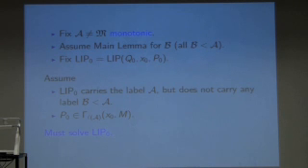We're assuming that the main lemma holds for all labels strictly less than A, and we now fix a particular local interpolation problem which carries the label A, but let's say does not carry any label script B smaller than A, because if it did, we would already be able to solve it by the induction hypothesis.